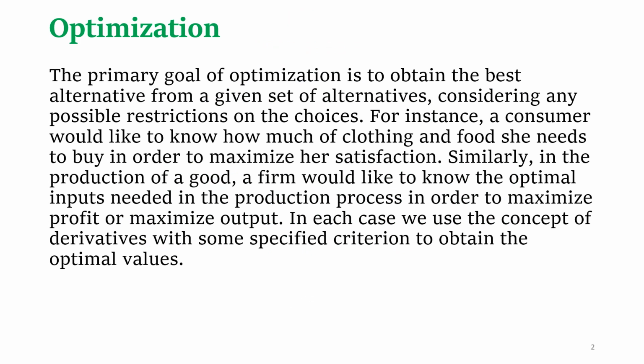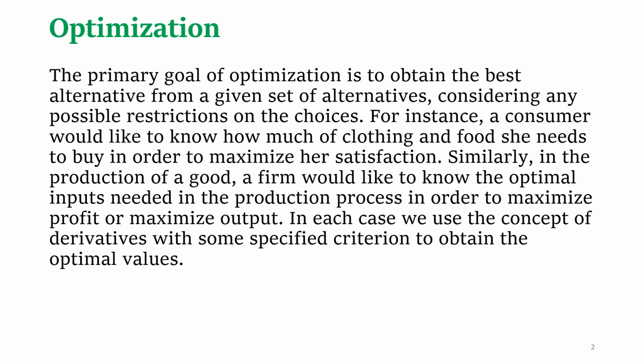Now, the primary goal of optimization is to obtain the best alternative. We want to obtain the best alternative from a given set of alternatives, considering any possible restrictions on the choices. For example, you have a consumer who would like to know how much clothing and food she needs to buy in order to maximize her utility or maximize her satisfaction.